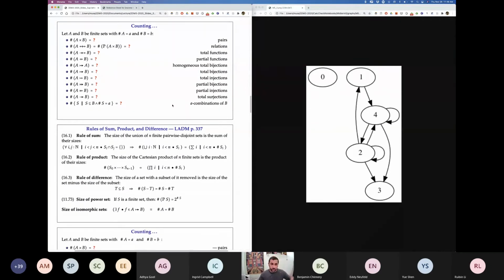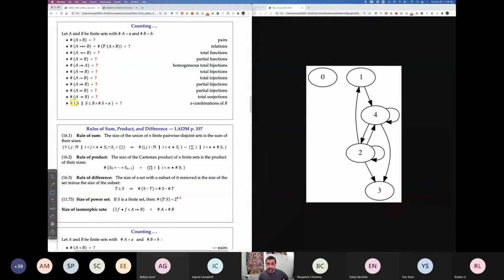We talked about counting before, so let's return to that briefly, and then we'll get to the diagram and how that relates there. Okay, so we said before that the size of a product is the product of sizes. This one down here, the number of injections, is known as permutations.